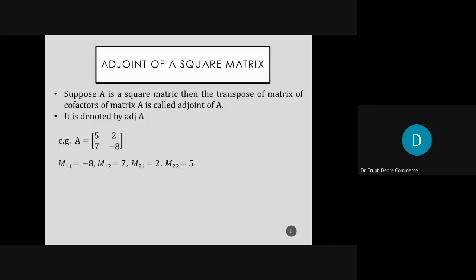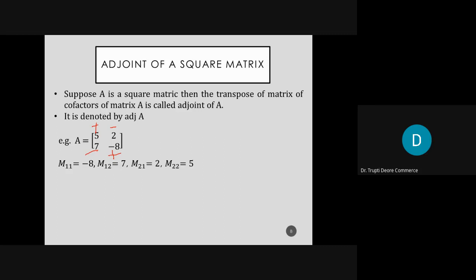So the first row first column minor is -8. The second is 7, then 2, then for -8 it is 5. So we got the minors. And for a 2 by 2 matrix, how do we define the cofactors? The signs are plus, minus, minus, plus.